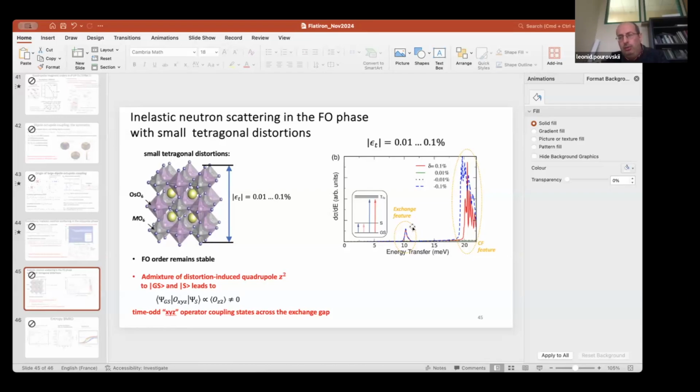But this of course needs to be calculated. Another point: the quadrupolar order parameters are Jahn-Teller active, and we didn't include electron-lattice coupling yet. It's not clear whether the octopolar phase will still be stable when the quadrupolar phase is stabilized in addition by electron-lattice coupling. This needs to be understood.